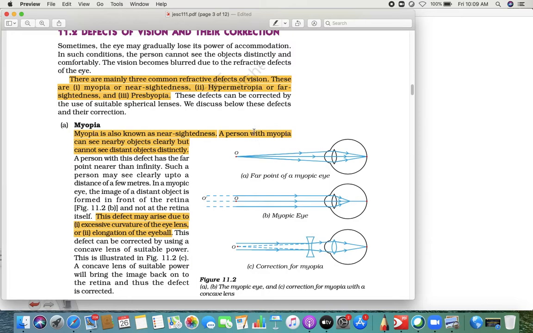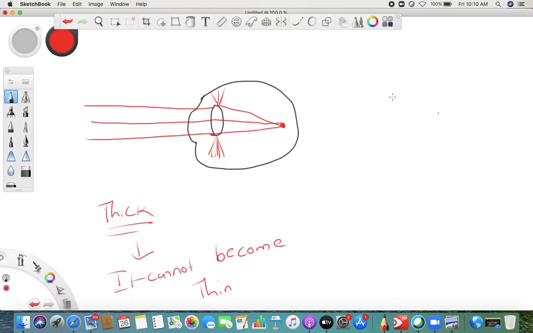This defect may arise due to excessive curvature of the eye lens. Sometimes your eyeball becomes too round, excessively curved, because of so much stress you give to your eye. The second is elongation of the eyeball. Your eyeball will become like this.